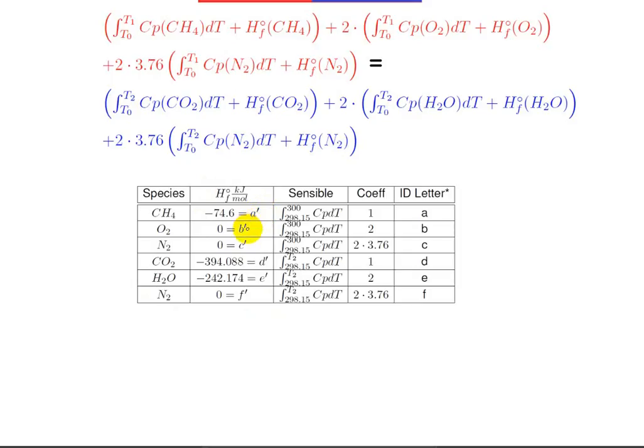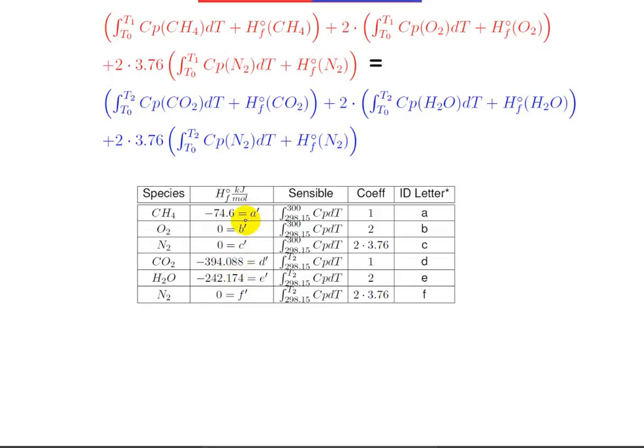Heat of formation for oxygen, well, that's going to be 0 because that's the definition of a pure element. Same with nitrogen, it's going to be 0. Heat of formation of CO2 is minus 394. Heat of formation of water is minus 242. Heat of formation of nitrogen again is 0.